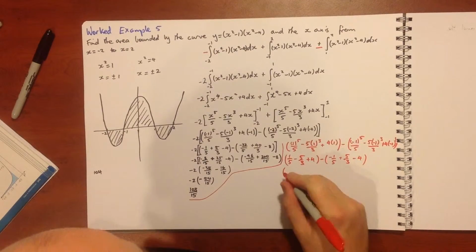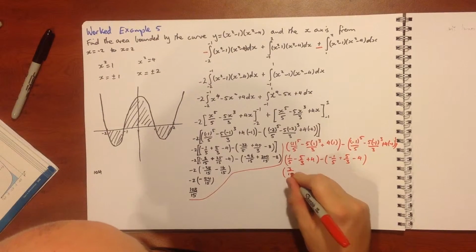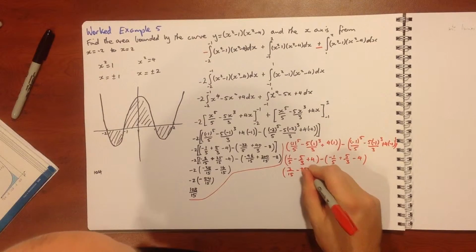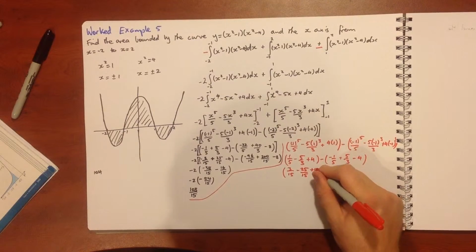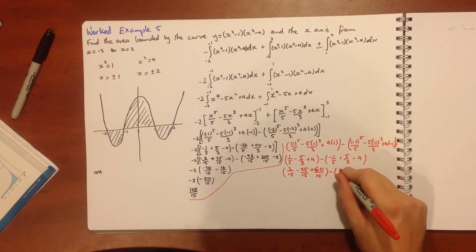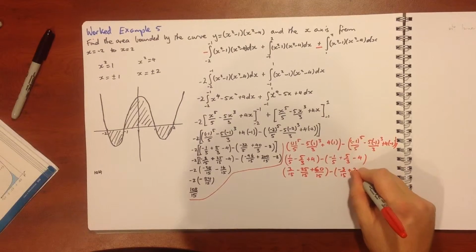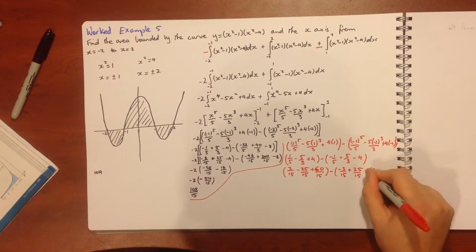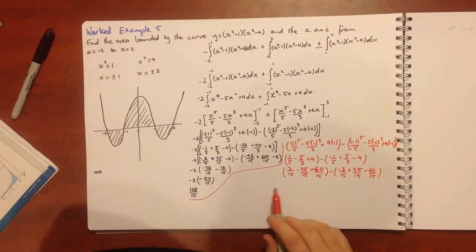So this is going to be 3 on 15 minus 25 on 15 plus 4, or if you like, now 60 on 15, minus negative 3 on 15, plus 25 on 15 minus 60 on 15. Right.